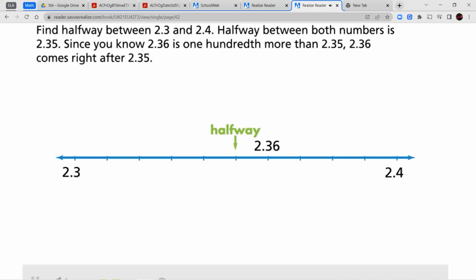Find halfway between 2 3/10 and 2 4/10. Halfway between both numbers is 2 and 35 hundredths.